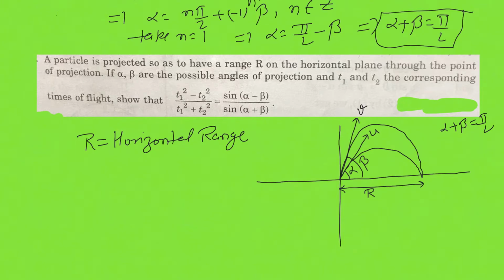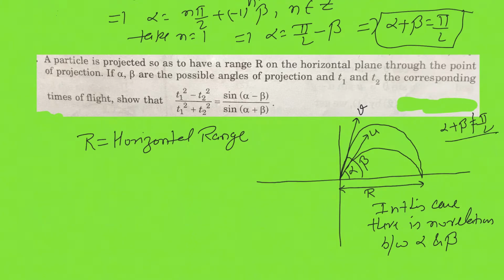So in this case there is no relation between alpha and beta. If u and v were equal, then we could say that alpha plus beta is equal to pi by 2. So now this is not valid.